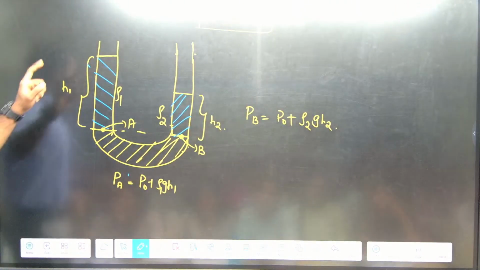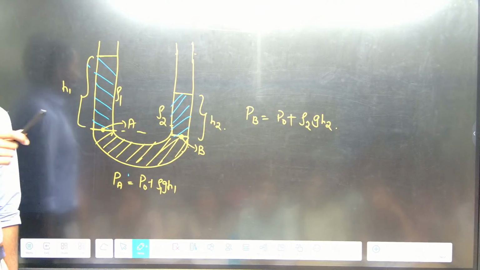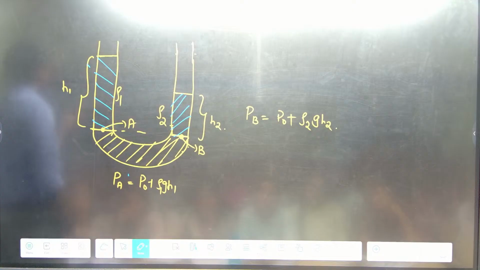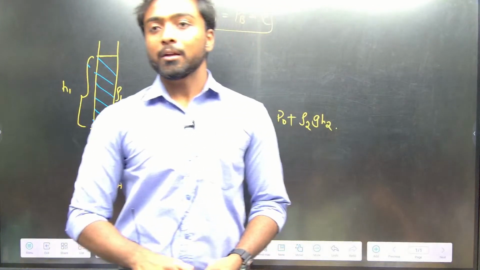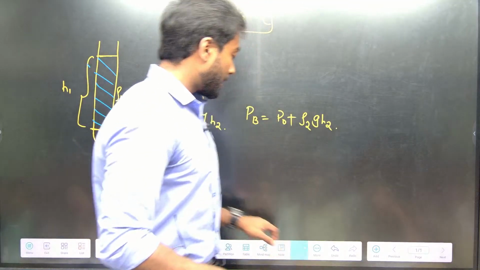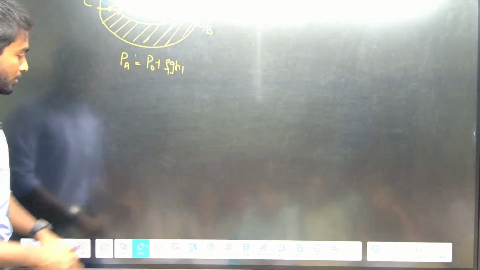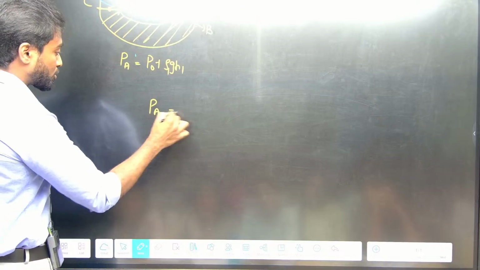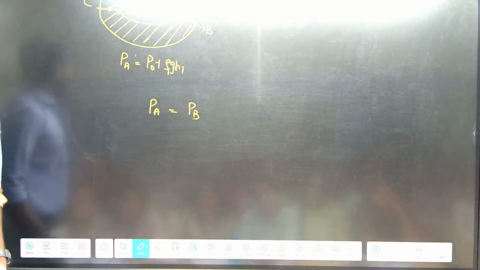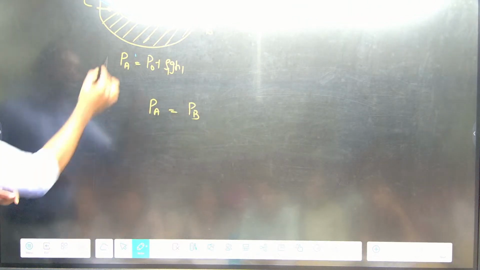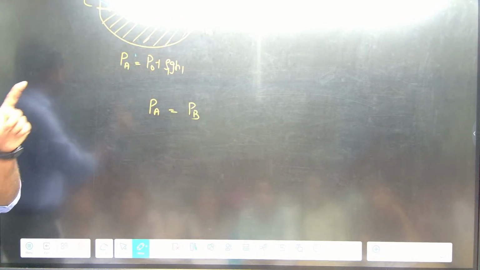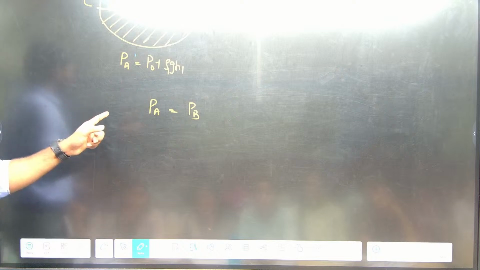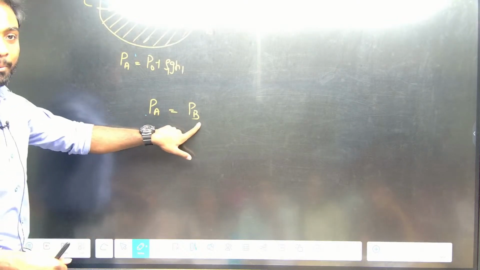Since, according to the last point we have discussed, when the height is the same, the pressure at the same level will be equal. Can I write PA equals PB? Yes, according to the last point, same height means the pressure will be the same. That's the point we have discussed. Now can I write PA is equal to PB?